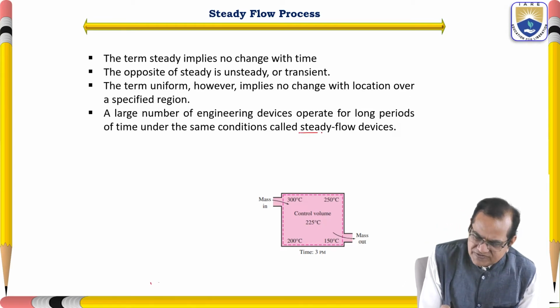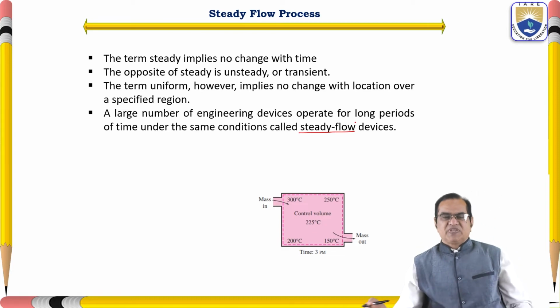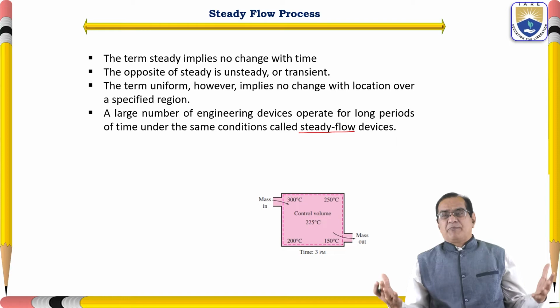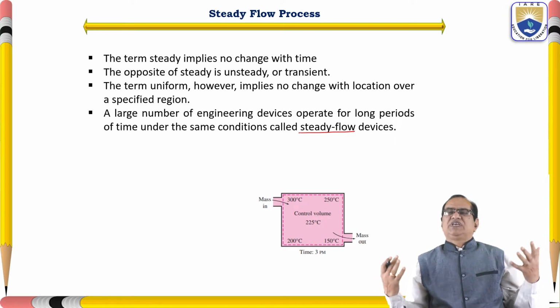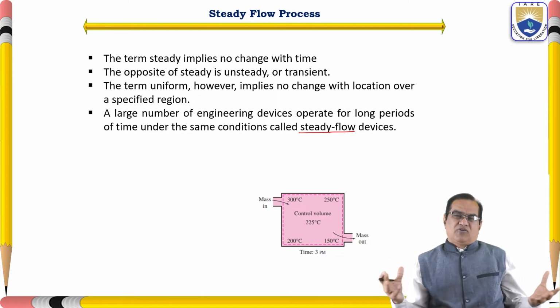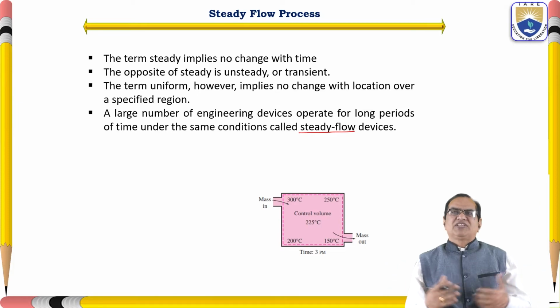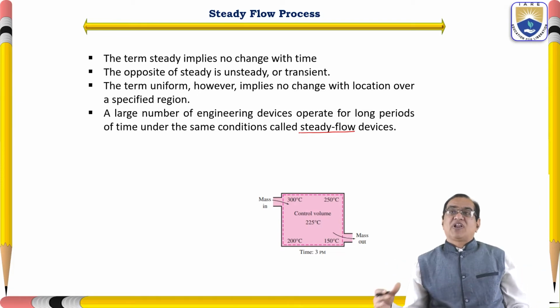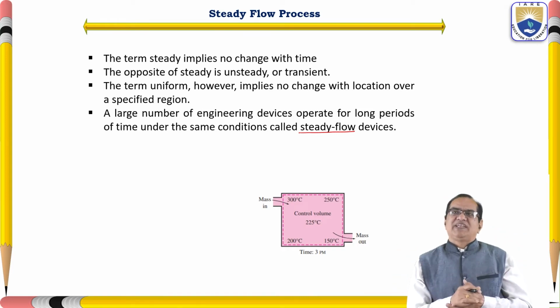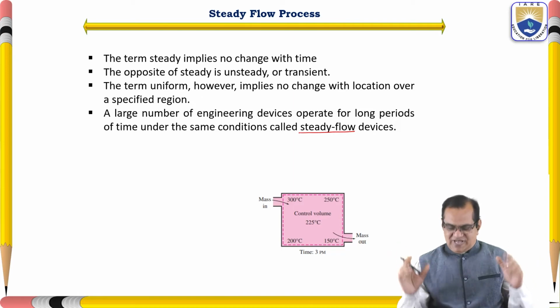You can see so many equipments here: turbines, compressors, AC, pumps, your thermal power plant. They run continuously and maintain the same condition, so we can assume they are steady flow devices.